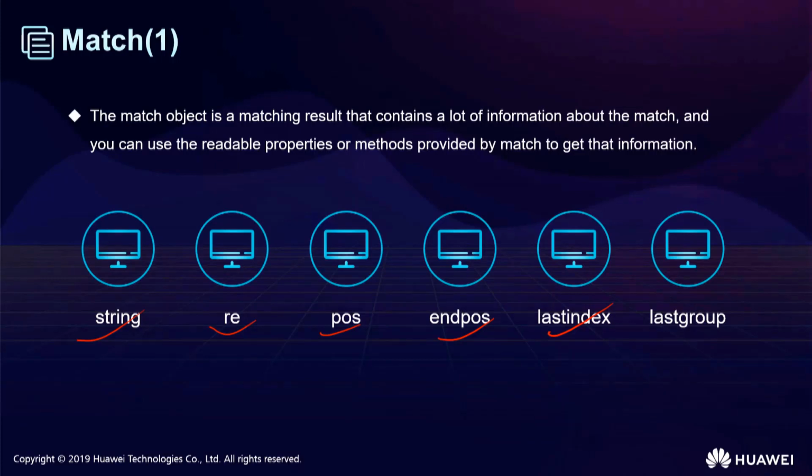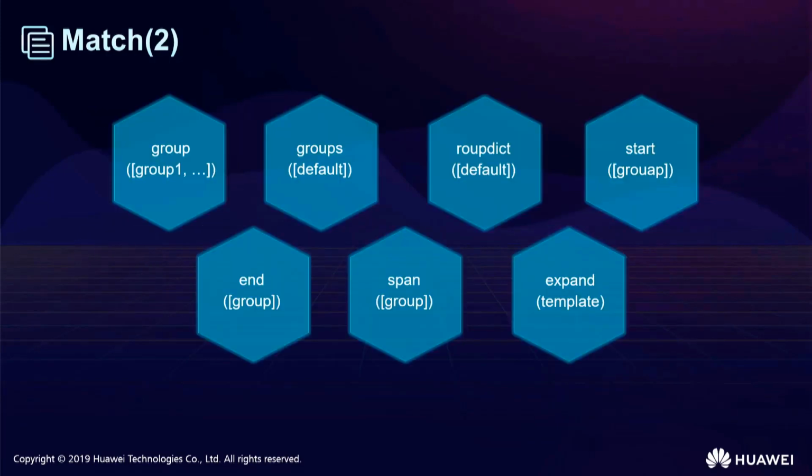If no groups are captured, it will be None. lastgroup is the alias of the last captured group. If the group has no alias or there is no captured group, it will be None. There are also match methods. group(1, 2, ...) is used to get a string that is intercepted from one or more groups, and returns a tuple when multiple arguments are specified.